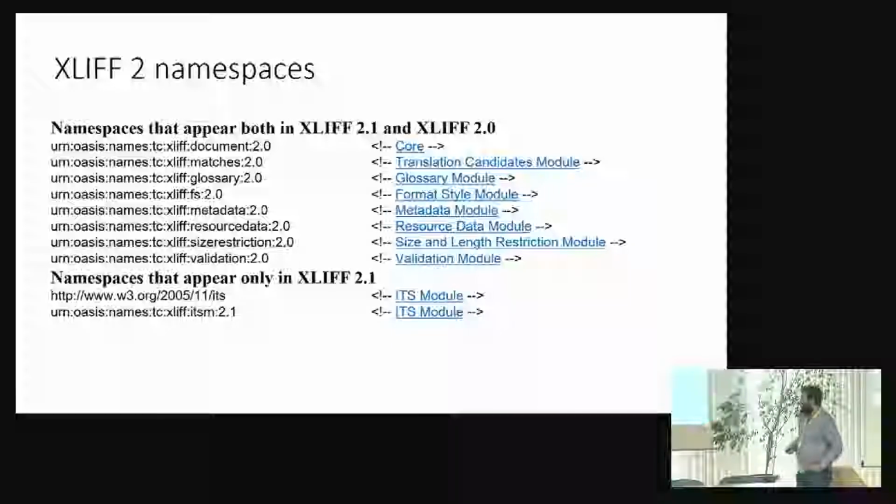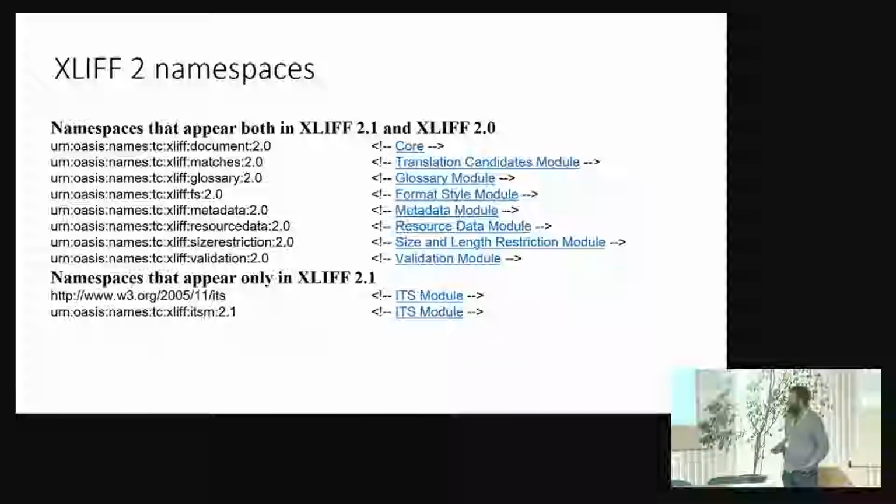These are 2 new namespaces that we introduced in 2.1, to support the W3C ITS, the internationalization tag set. For better interoperability with ITS processors, we are using the original W3C namespace. But there was a need for some local markup that doesn't exist in the W3C spec, so we made an OASIS-style supplementary namespace for it.